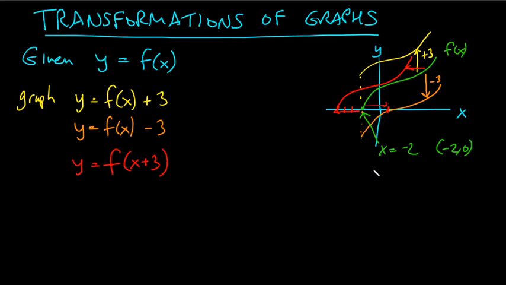But think about what you're plugging in now. You're plugging in 1. And if 1 is equal to x plus 3, you're going to get x equals -2, which is over here now. Did that make sense?